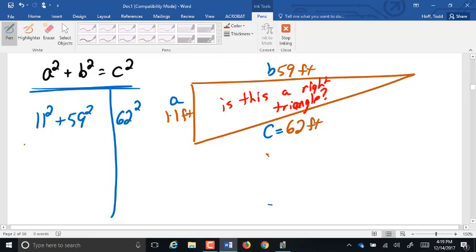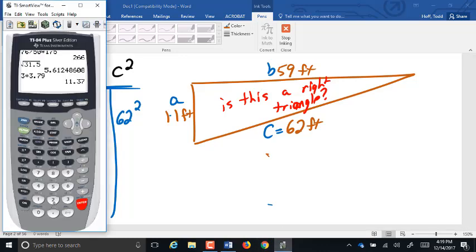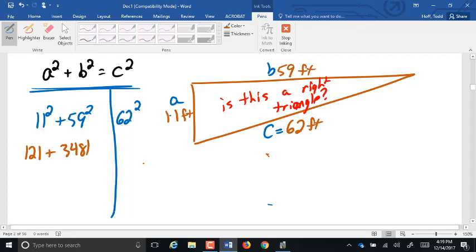Well, 11 squared is 121. 59 squared is, what is that, 3481? Yes, 3481. How about 62 squared?